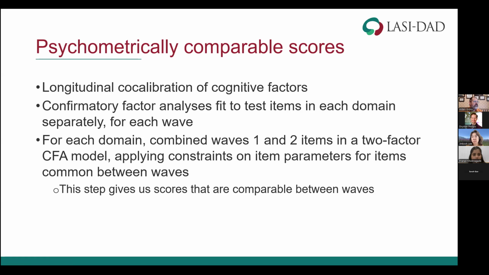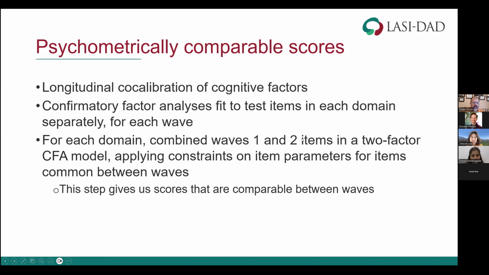And we did this for overall general cognitive performance as well as for each cognitive domain separately. We then, for each domain, combined wave 1 and 2 items into a two-factor confirmatory factor analysis, applying constraints on item parameters for the cognitive test items that were in common between the two waves. This is the step that gives us cognitive scores, latent variables, that are comparable between the waves.